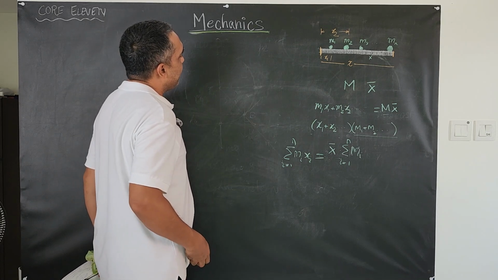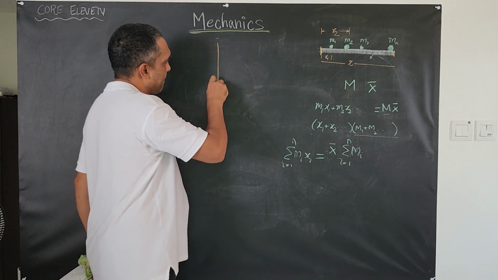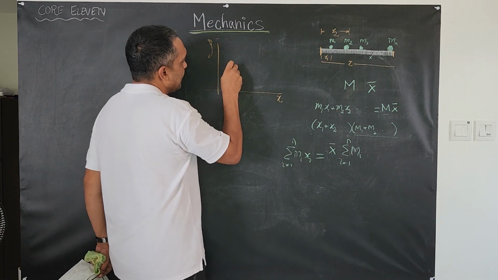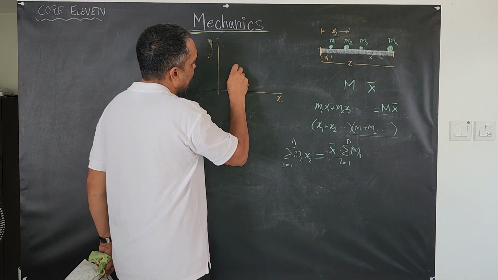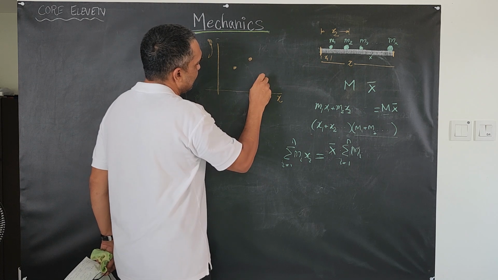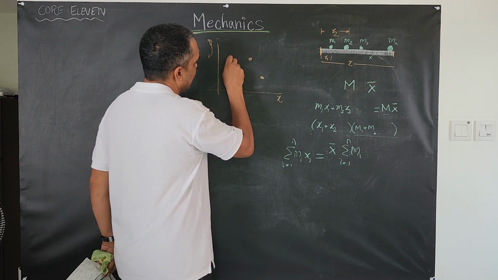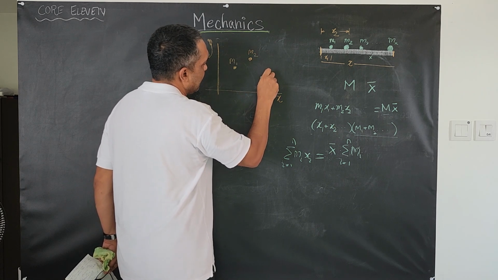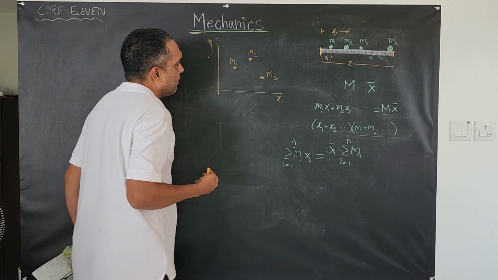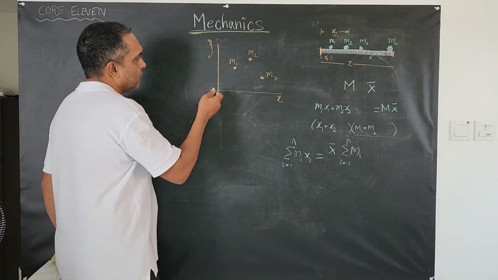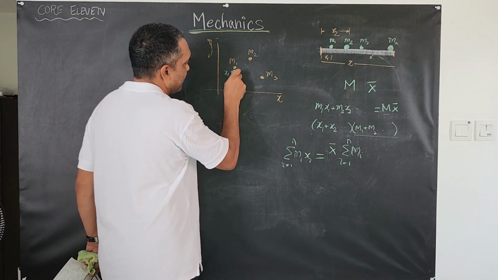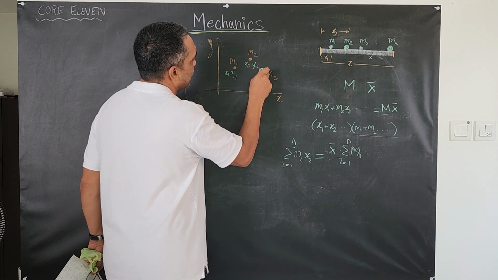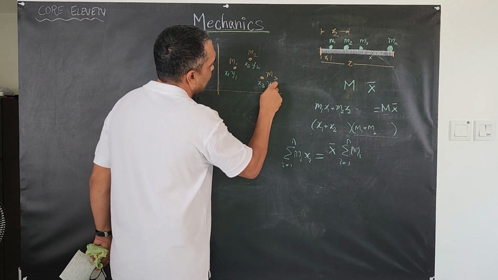I want to just extend this thought to what if you had a case where you had an x-axis and a y-axis, and a spread out m1, m2, and m3, which you could then write with coordinates x1, y1, x2, y2, and x3, y3.